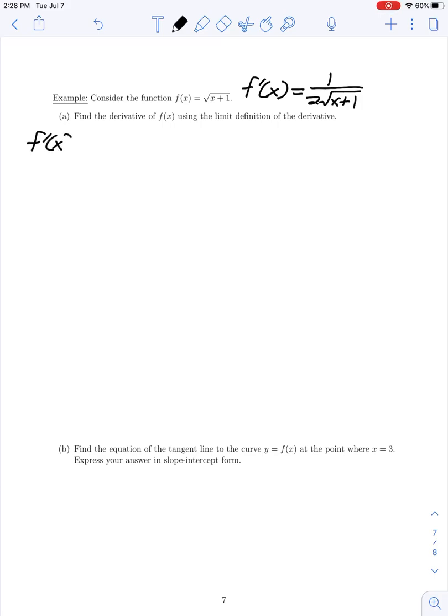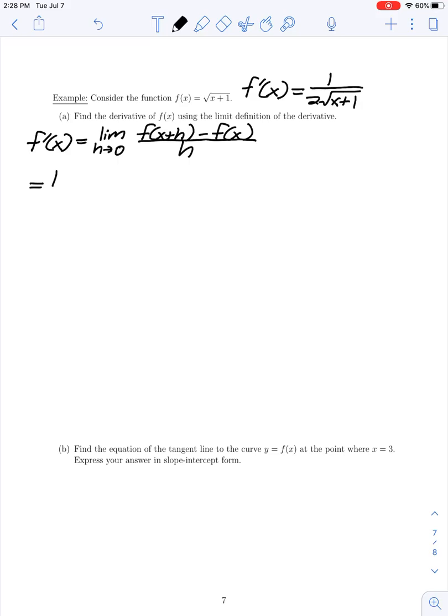So here we have f prime of x is defined as the limit as h approaches 0 of f of x plus h minus f of x, all over h.